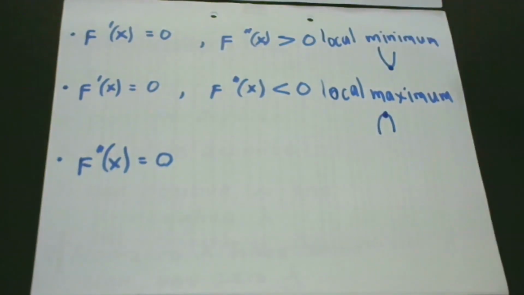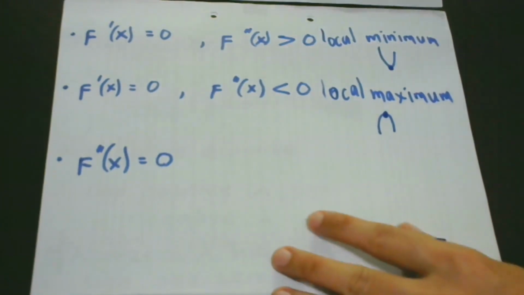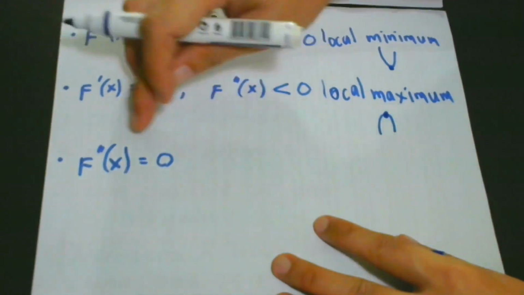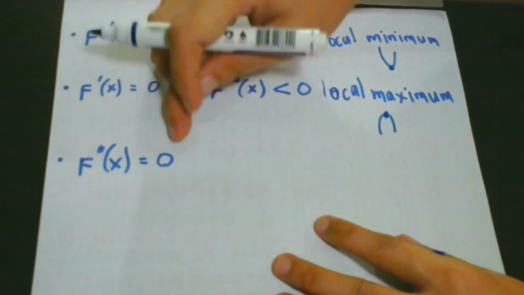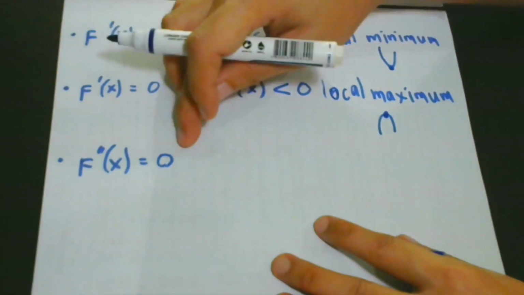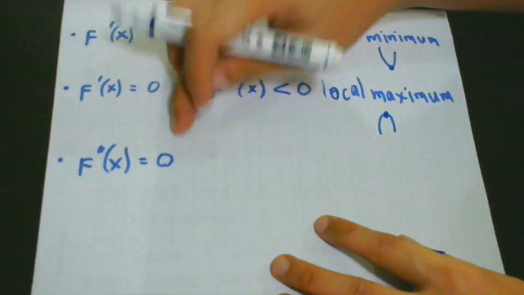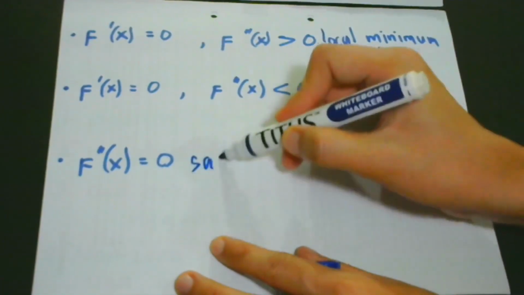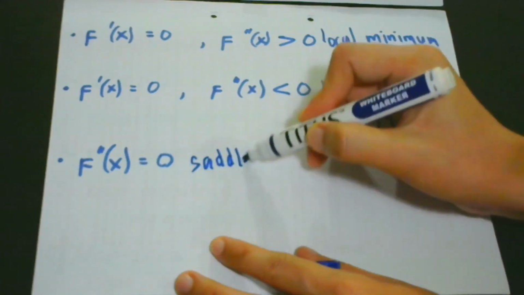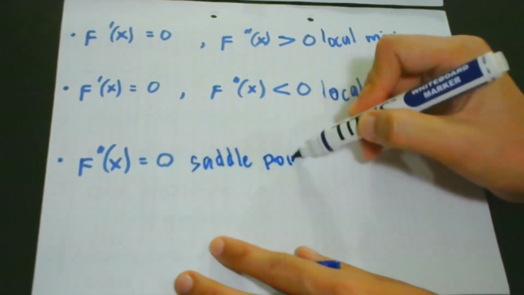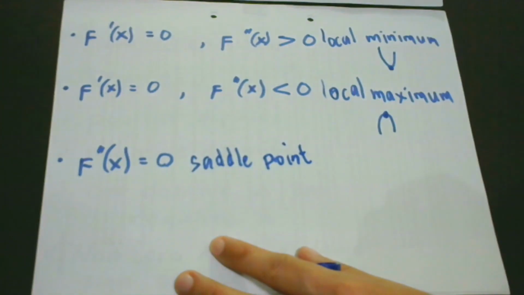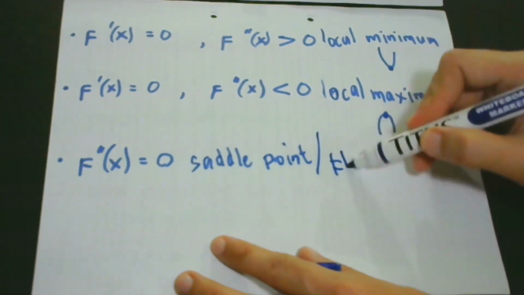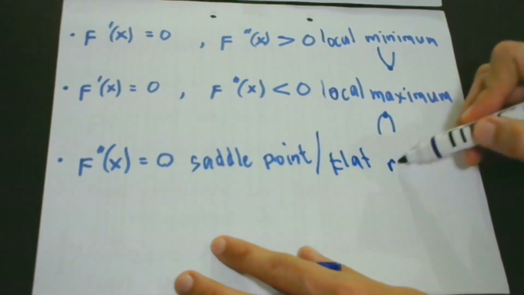Now, let's consider the situation when the second derivative is equal to 0. What would be the effect? If the situation is like this, then x may be a saddle point, or it could be a part of a flat region.